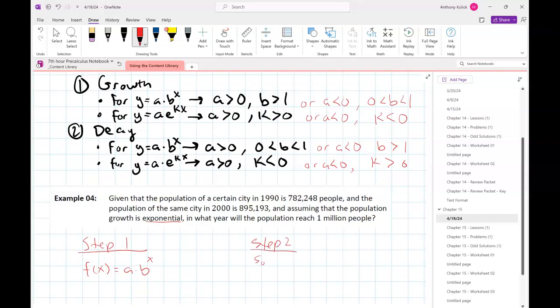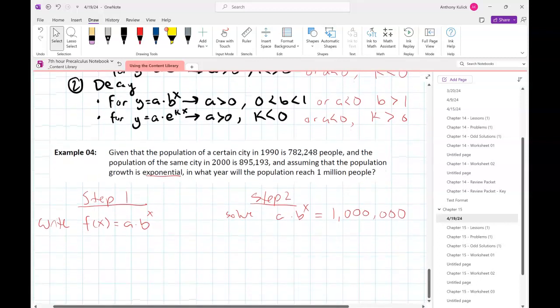Step 2 is I'm going to then want to solve that equation where it's equal to 1 million. Is everybody okay with the two steps?